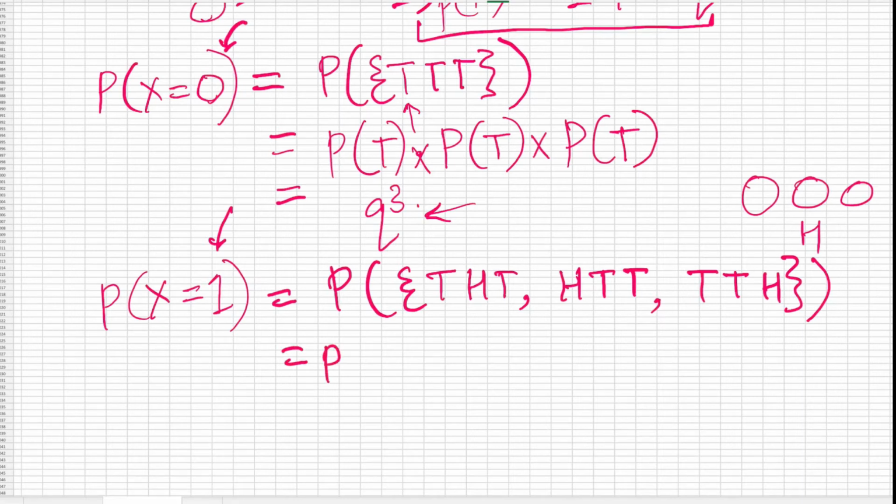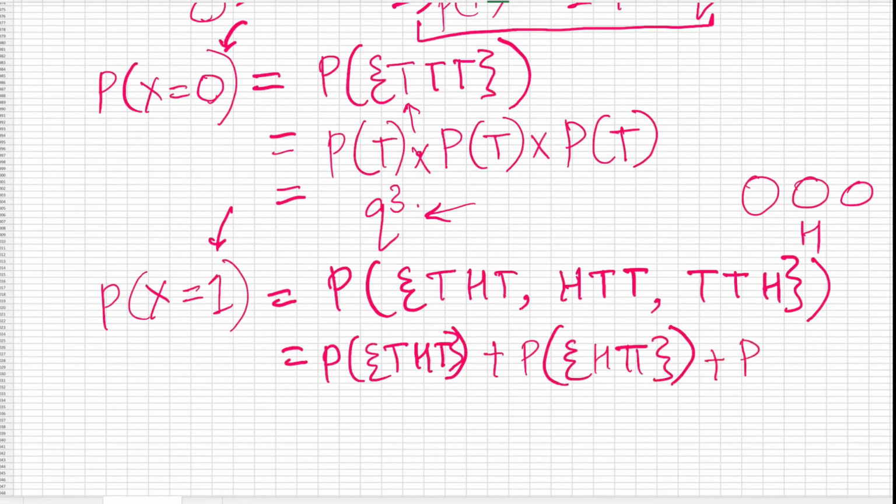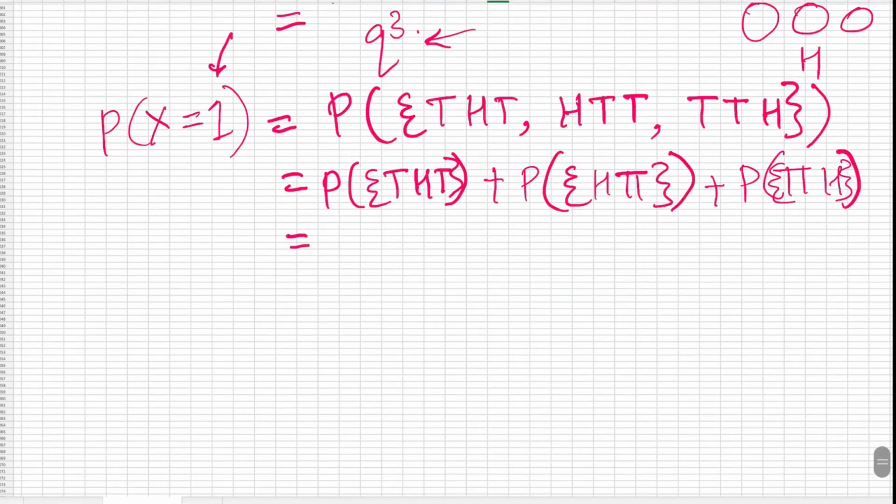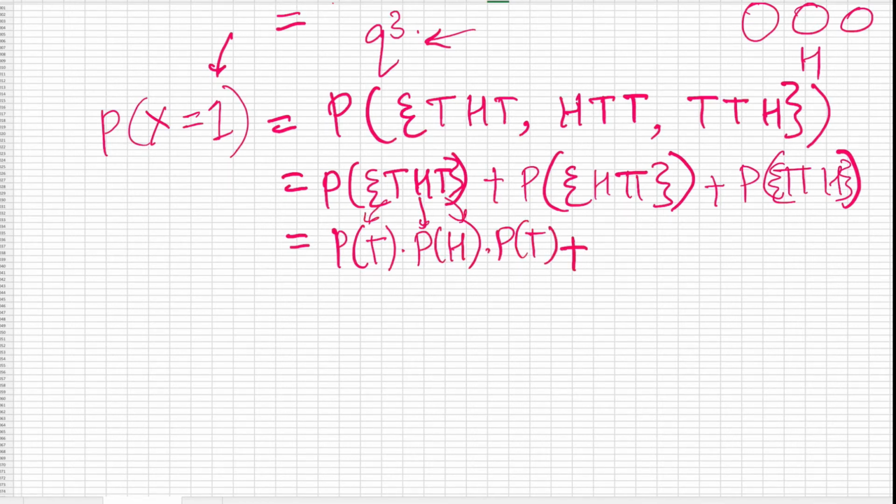So we will get the probability of this specific condition as probability of THT plus probability of HTT plus probability of TTH, right? And if we open it, the probability of T means probability of failure, and probability of H means success.